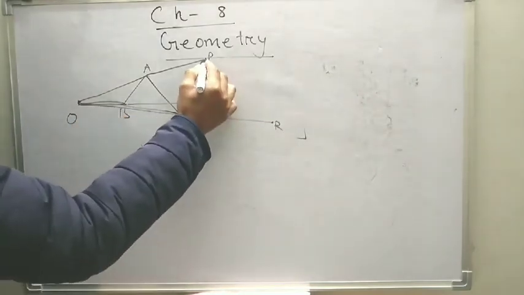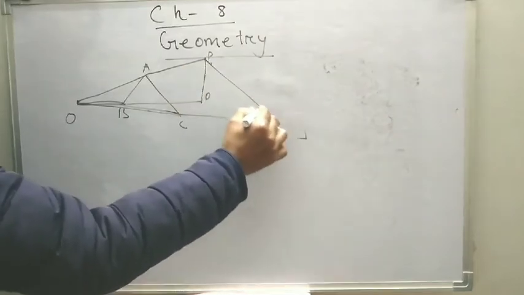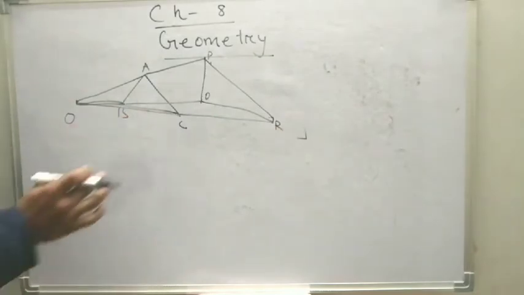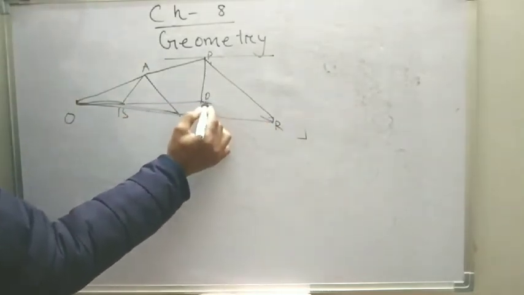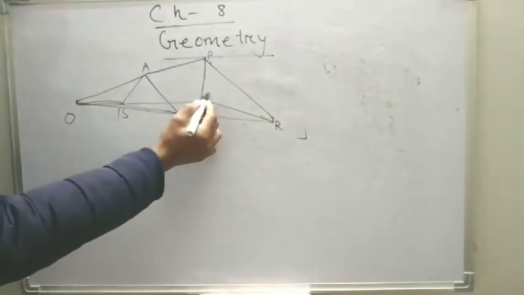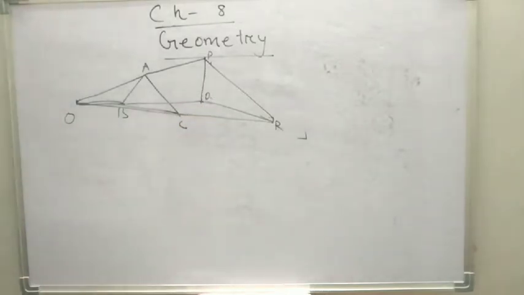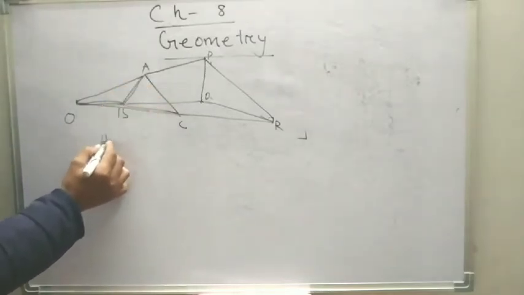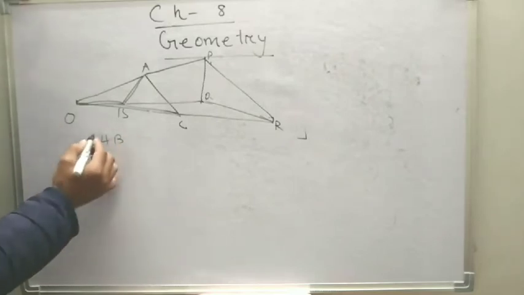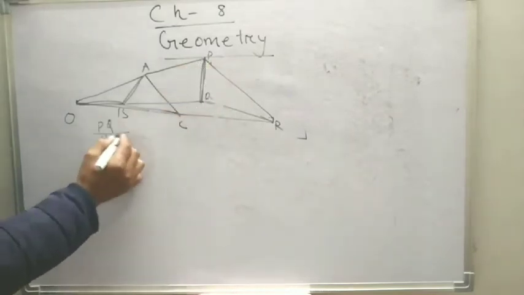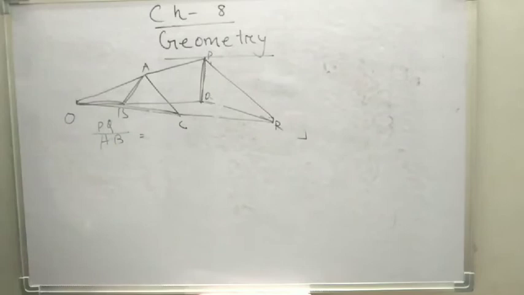Then if we join P, Q and R, we will again get a similar figure, the triangle PQR. Here what will we get? The length of side AB, if we make a ratio with the length of PQ, we will get a constant value.